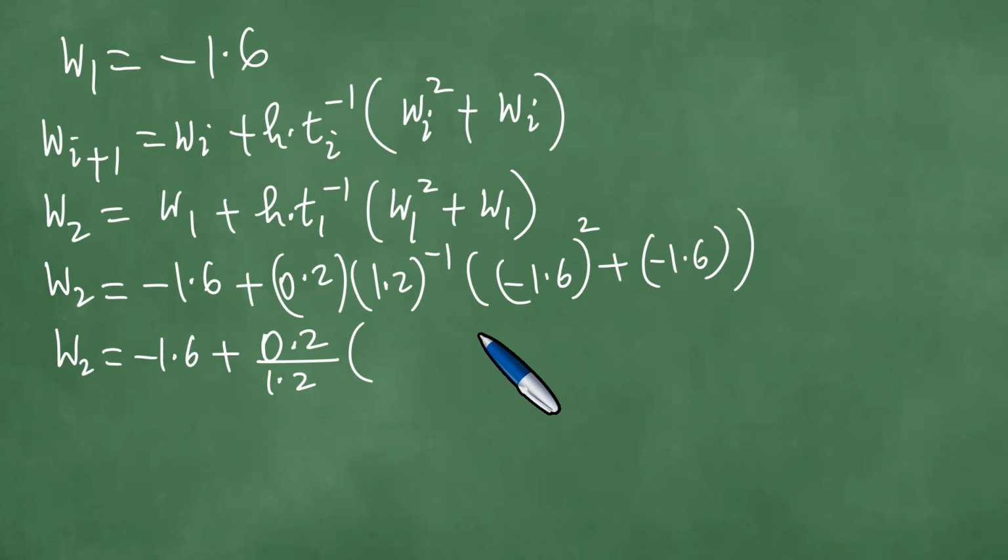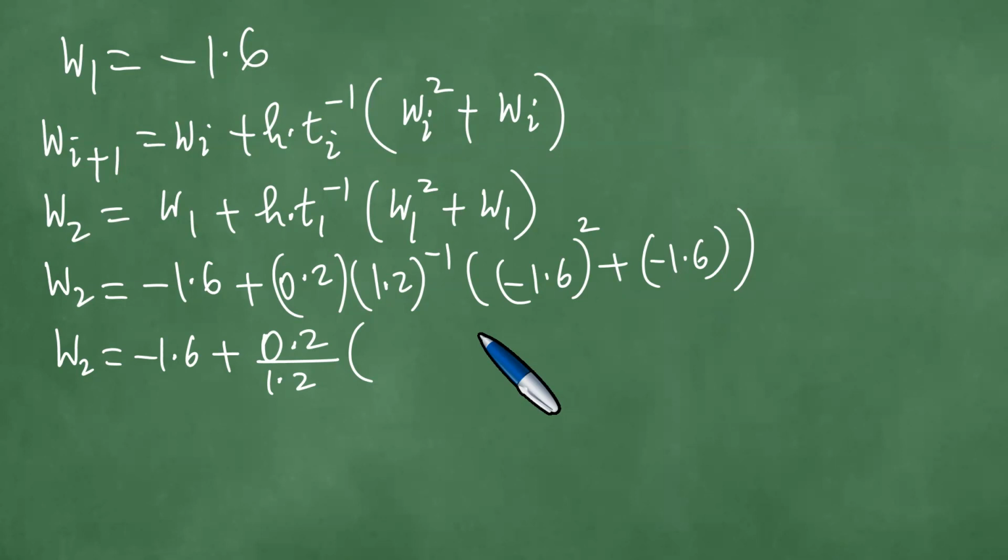If one uses the calculator, then what you're getting is minus 1.6, and then plus 0.2, and then you have 1.6. You square that plus, I'm just doing it on the calculator.